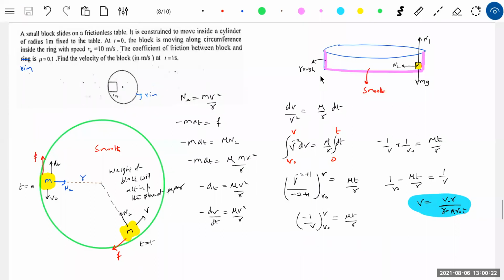Huh? Sir, zero. 1 by V is equal to 0. Yes, sir. No, I'm not getting. 1 by V, you are getting 0, sir. Oh, it will come to rest, huh? Yes. No, sir, 1 by V is equal to 0. V is an undefined variable. Let me check the calculation. Minus sign. Yes. Now check it.